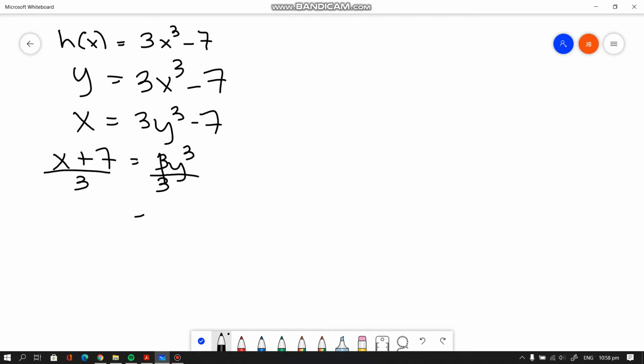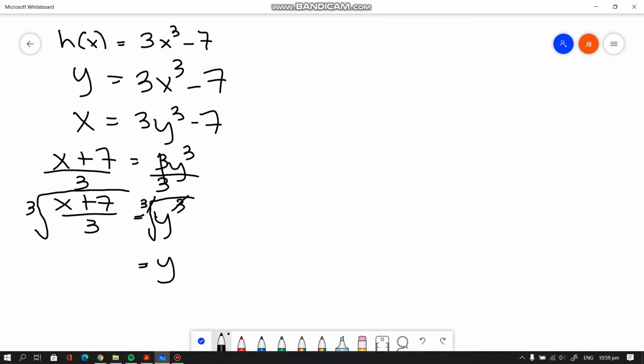para makancel yan. Matitira na lang dito ay y cube. So, to cancel the cube, we need to get the cube root of both sides. Cube root para maka-cancel natin ito.